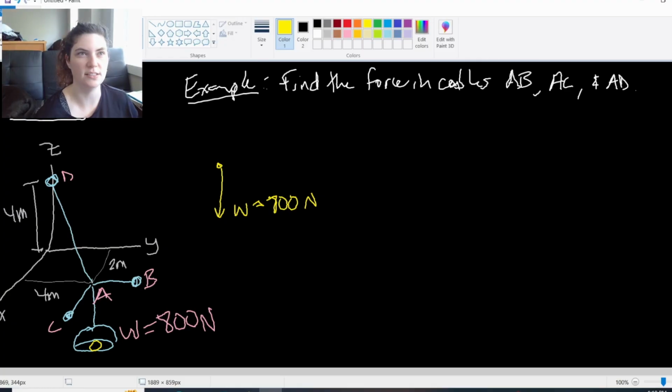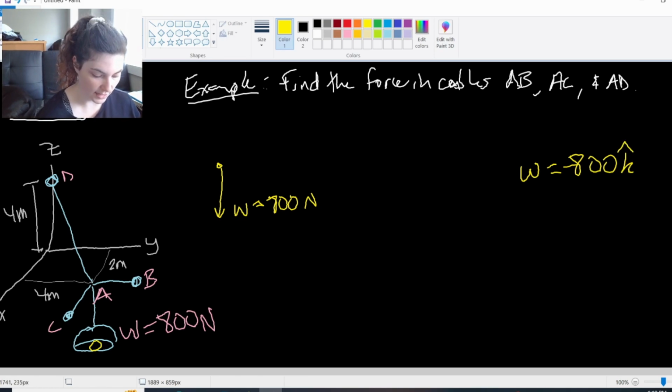And there are several ways that I can write this other than just putting it in my free body diagram. I could make a note over to the side here. I could say weight is in the negative z direction, negative 800 k hat.